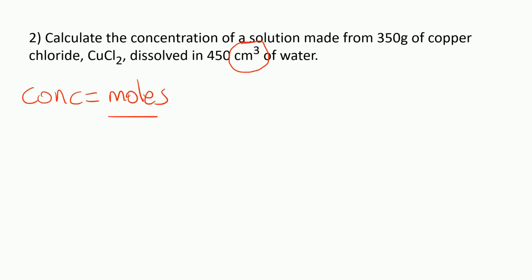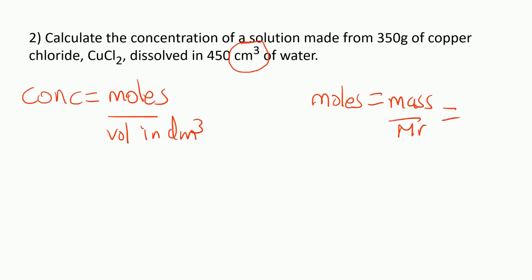So the first stage is to work out the moles, which is moles is mass over Mr, which is 350 divided by the Mr of copper chloride.